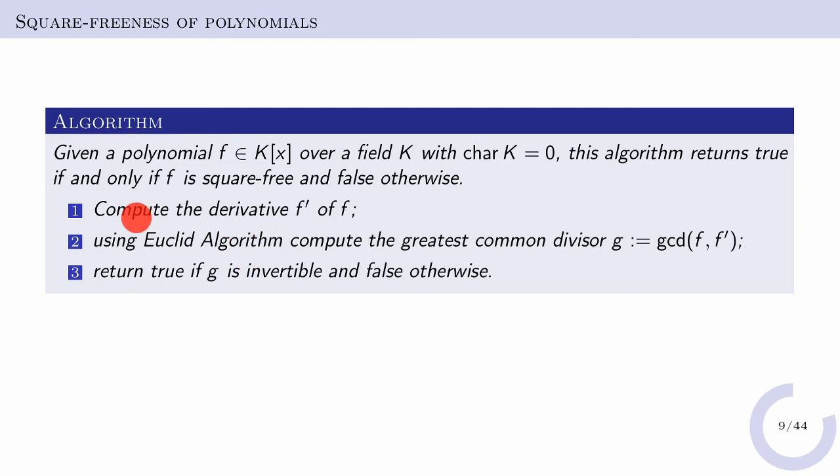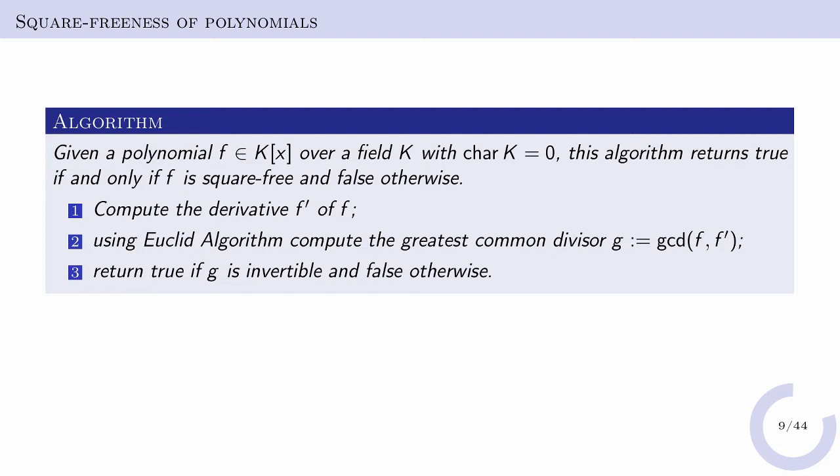Then we apply the Euclidean algorithm and compute the greatest common divisor of f and f prime, and then we check whether this greatest common divisor is invertible, that is, 1, or not. And this says whether this polynomial is square free or not.